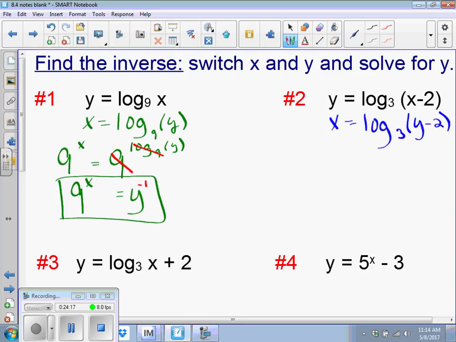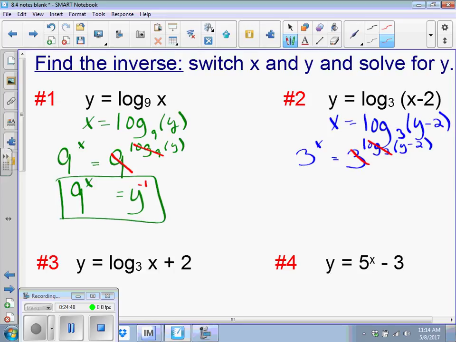What do we do? Change it to exponential. What's my base on both sides? 3. So 3 to the x equals 3 to the log base 3 of y minus 2. What happens? 3 to the log base 3 cancels, correct?